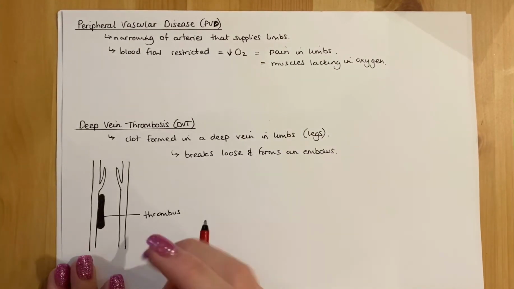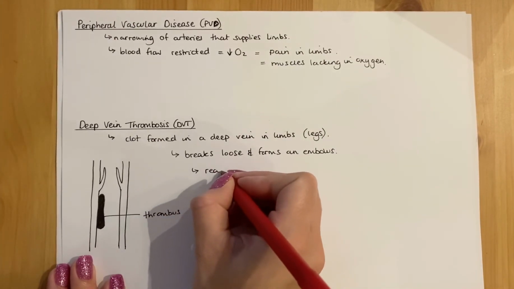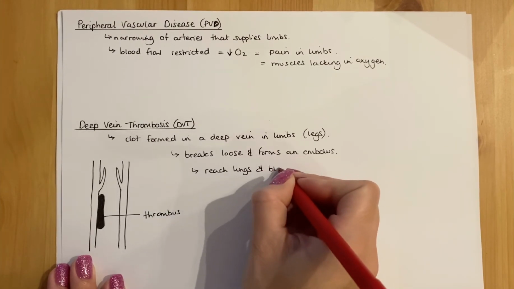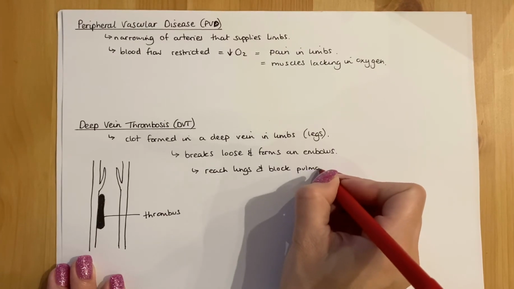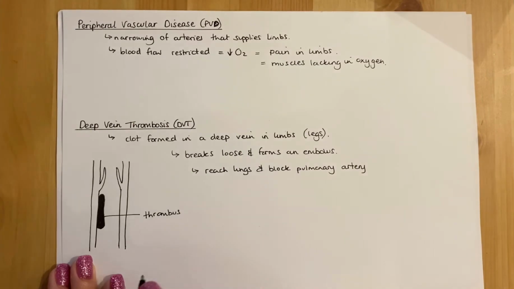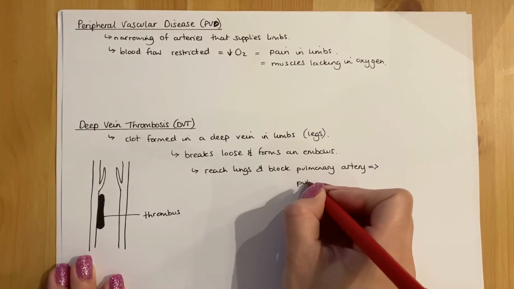Now the issue is that when that embolus travels, it can reach the lungs and block a pulmonary artery. When that pulmonary artery is blocked, that is called a pulmonary embolism.